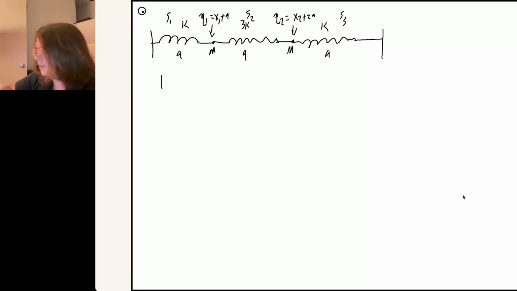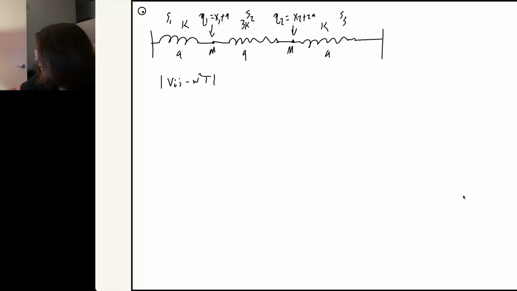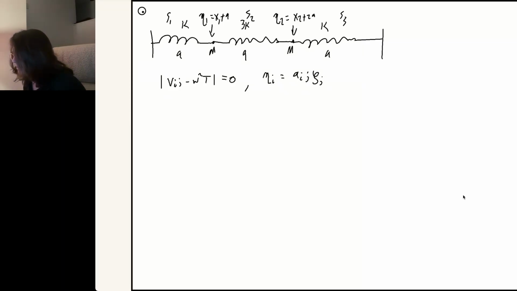Whenever you hear the word eigenfrequencies, you know that you're going to be solving this equation: the potential matrix minus omega squared times the kinetic energy matrix is equal to 0. And when you're solving for normal modes, the equation that you want to use is eta_i equals a_ij zeta_j, where zeta is going to end up being the normal modes.